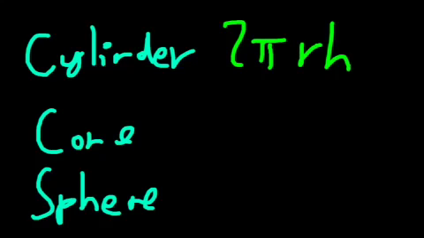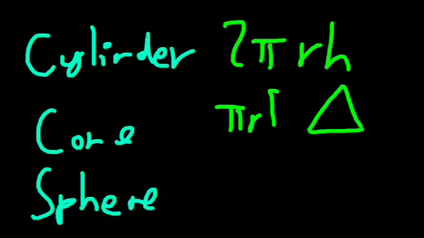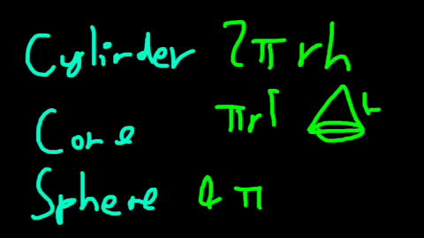Cone is pi rl, where l is the slant height, like on this, you've got this, and this is l. Not the height. Don't get these mixed up. And then for sphere you have 4 pi r squared.